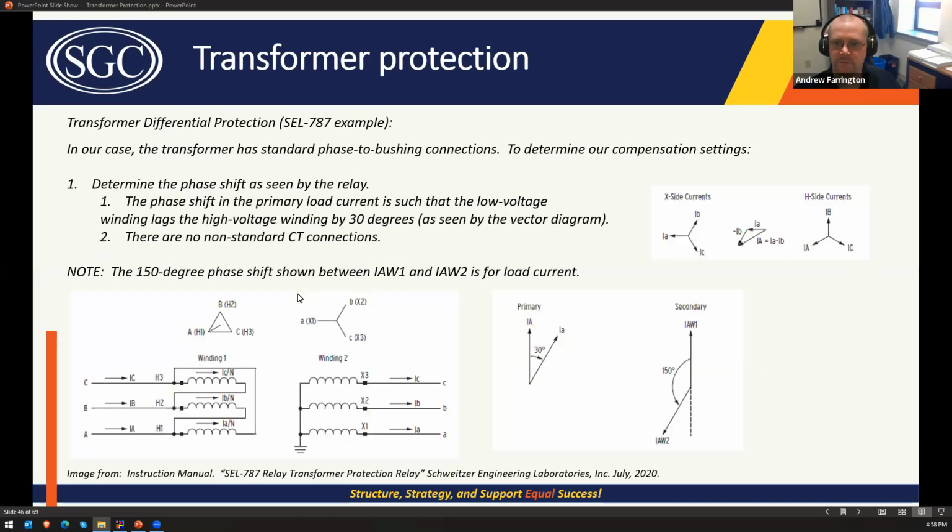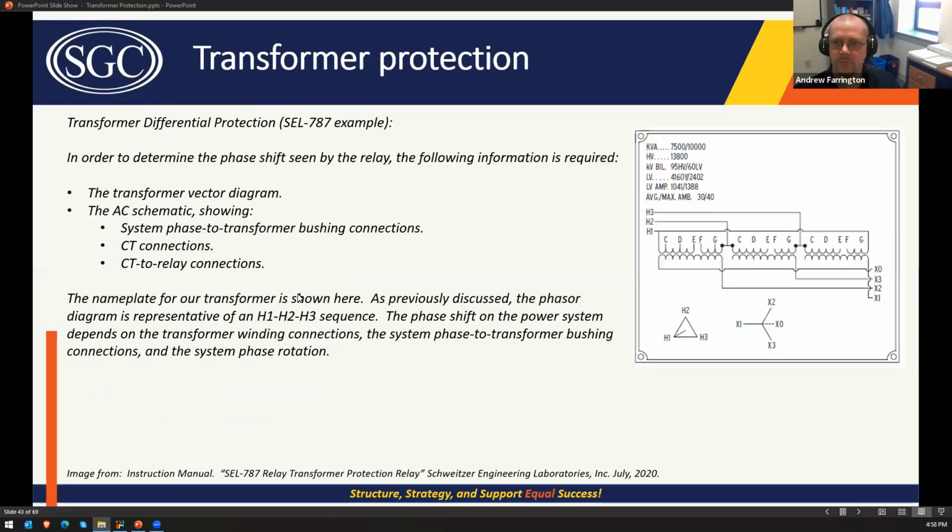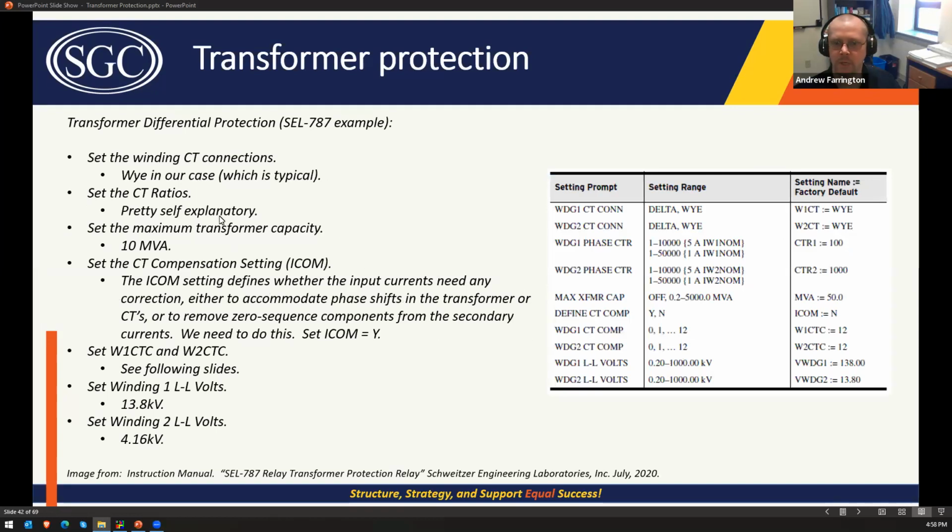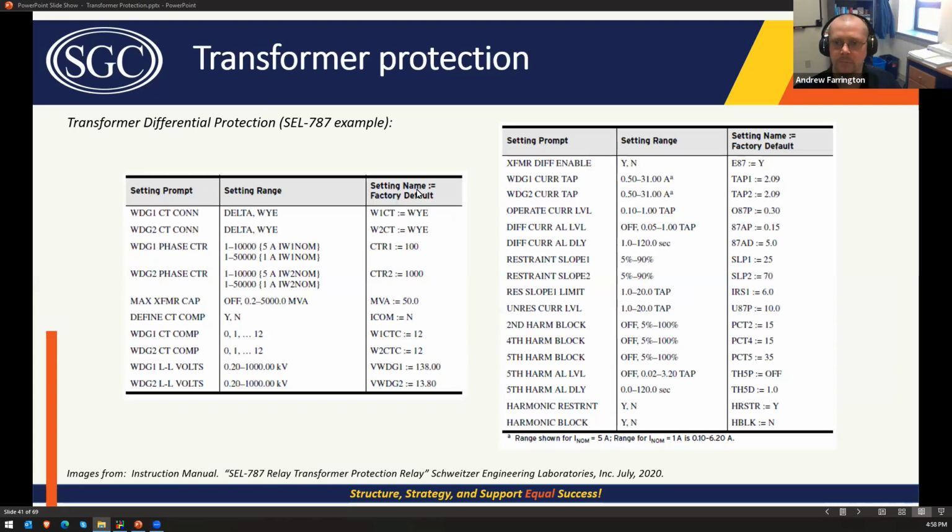So we left off right in the middle of this example for transformer differential protection using a 787. We had gone through all of the settings in the general relay setup area: the winding CT connections, the CT ratios, the basic stuff, the CT compensation settings that we knew were going to be really important, especially for our transformer differential relays, the winding voltage settings, and the transformer MVA rating.